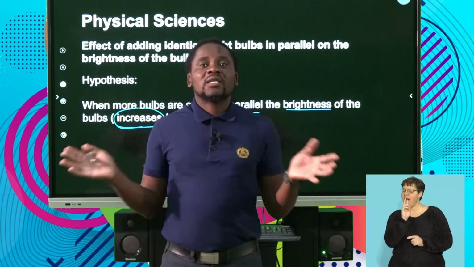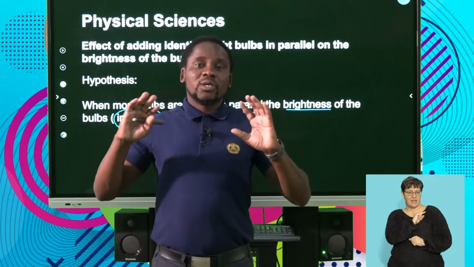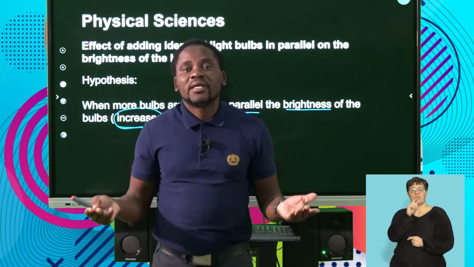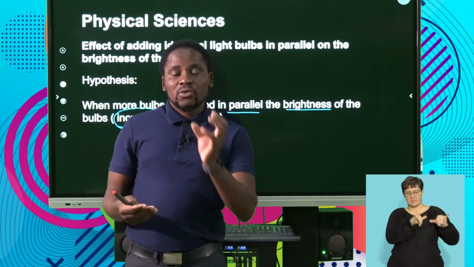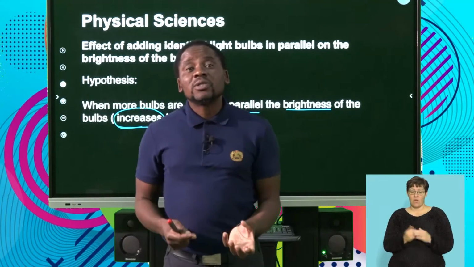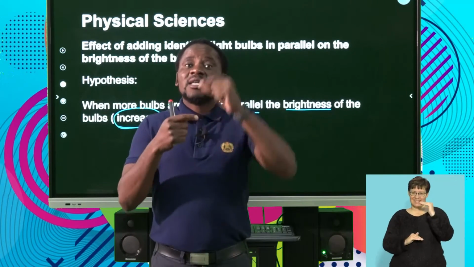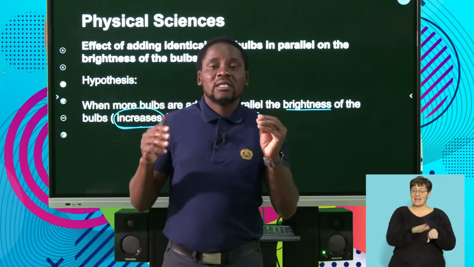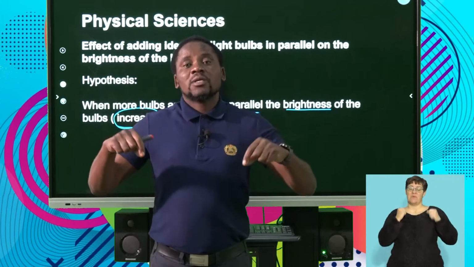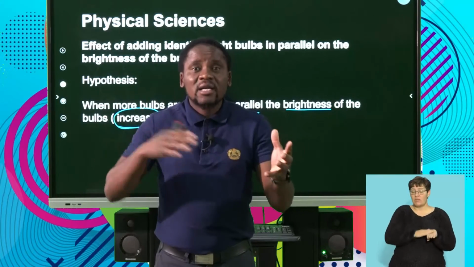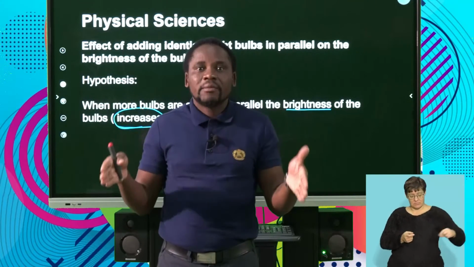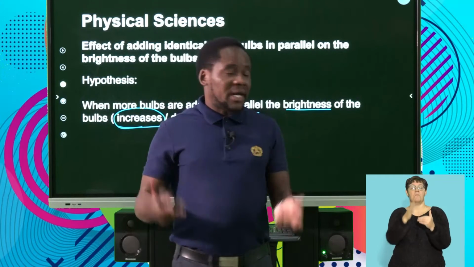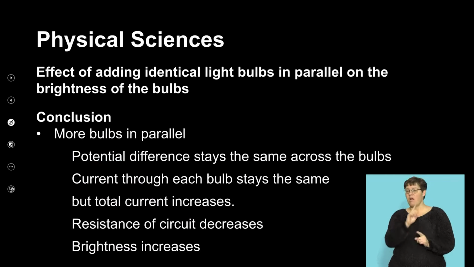We can also attribute that to the extent of resistance in the circuit, which we refer to as the equivalent resistance. So there's a drop in the total resistance which resulted in an increase in current. Now remember, power is about both current as well as resistance. So as there was an increase in current, never mind the current was split between the identical light bulbs, these light bulbs at the end of the day become brighter, right? So I think we've answered that question.